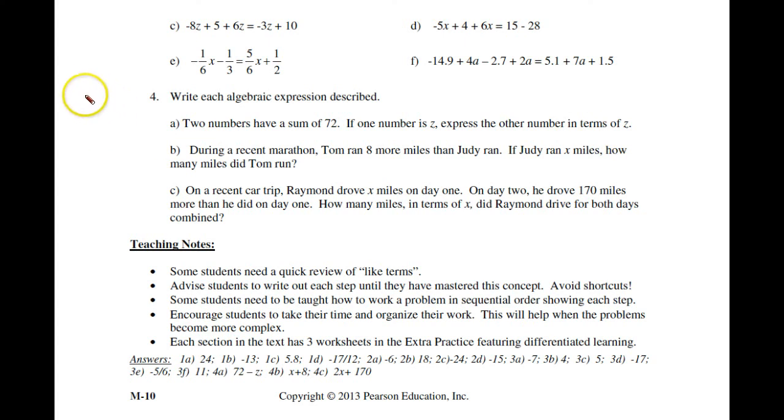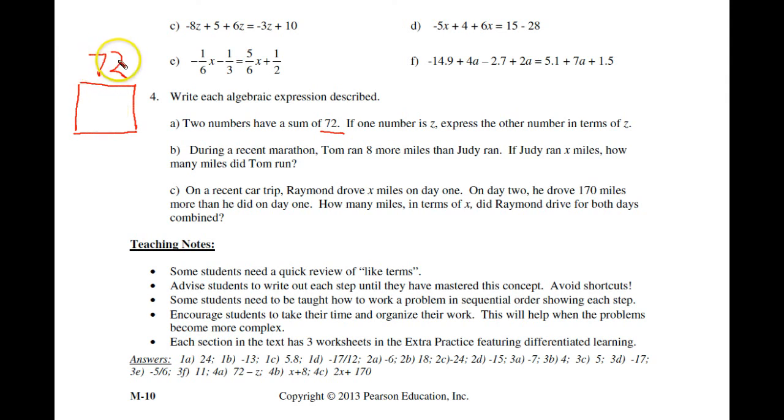All right, for this I'm going to show you something hopefully that's going to be very useful to you. I'm going to say this box has a value of 72. And there are two numbers that this box is divided into that when they're added make 72.